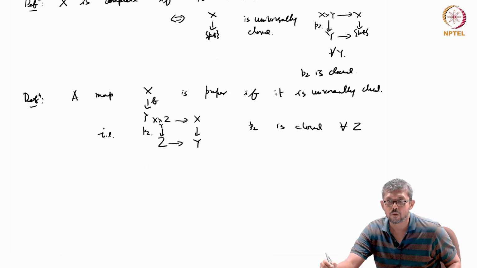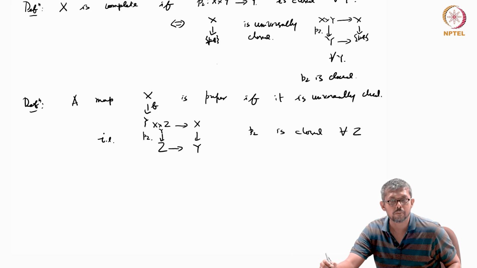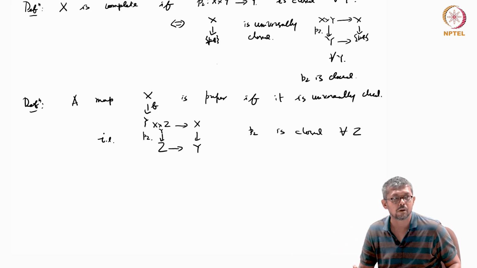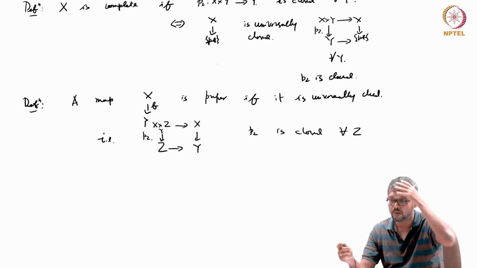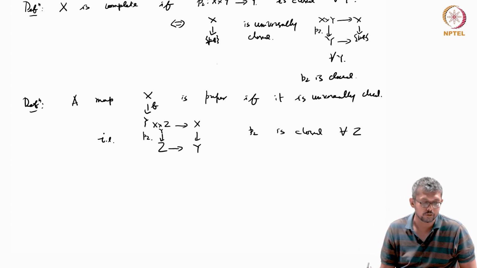So X is complete implies that the map X to a point is proper. So you generalize this completeness in this language.